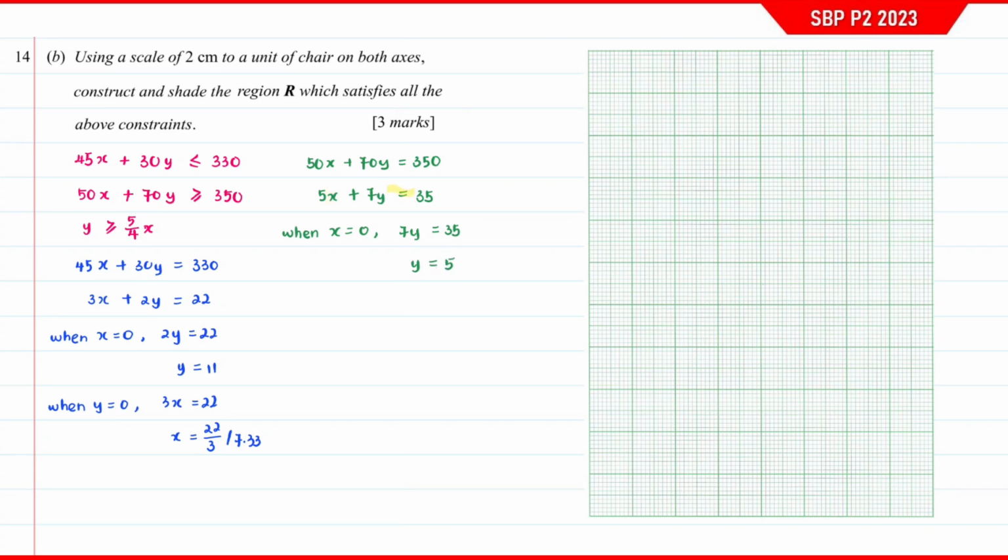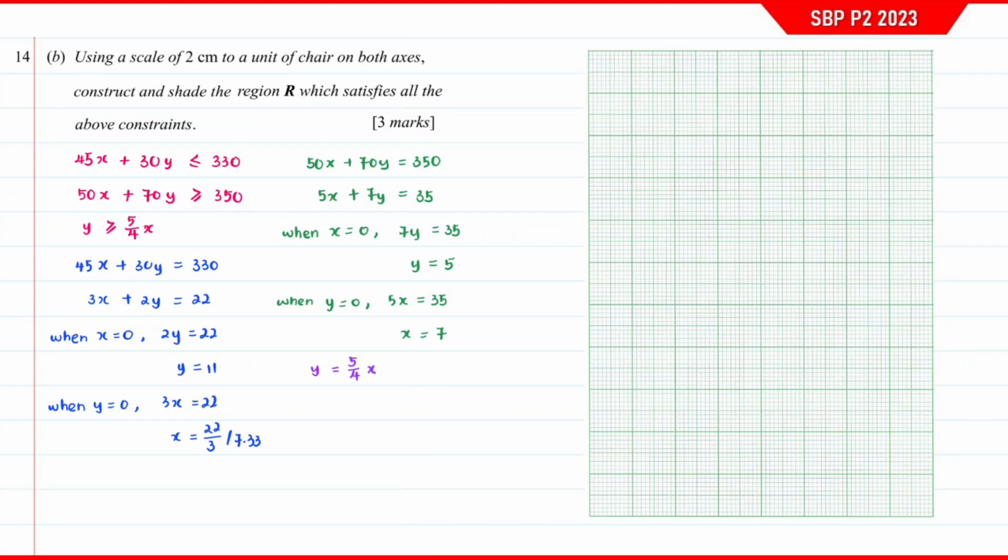To find the x-intercept, we're going to substitute the y here with 0. Then 5x is equal to 35. Then x is equal to 7. Then we already have 2 points to plot on the graph. For the third inequality, the equation will be y equal to 5 over 4 x.